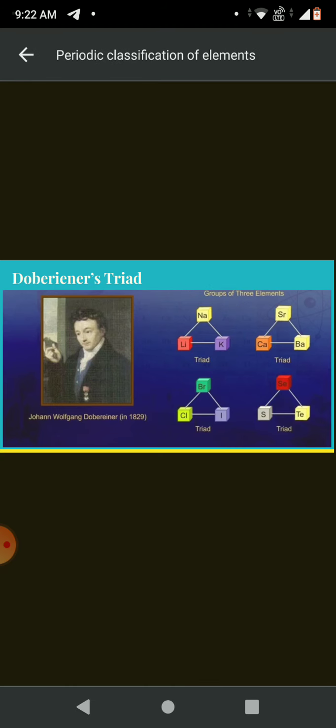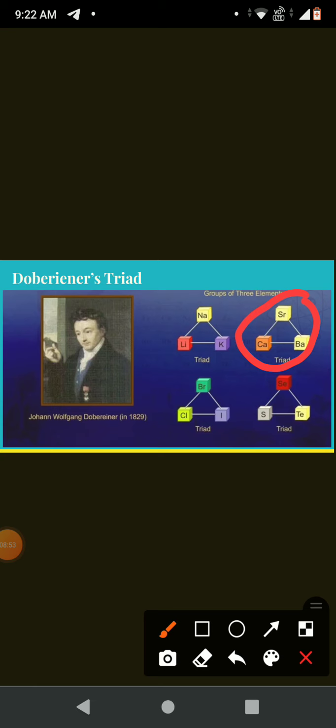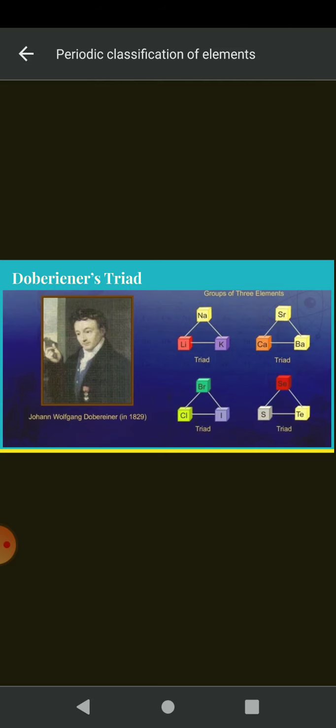In the same way, strontium, calcium, barium are also showing similar properties. So in this way he made groups of 3 elements which show similar properties.